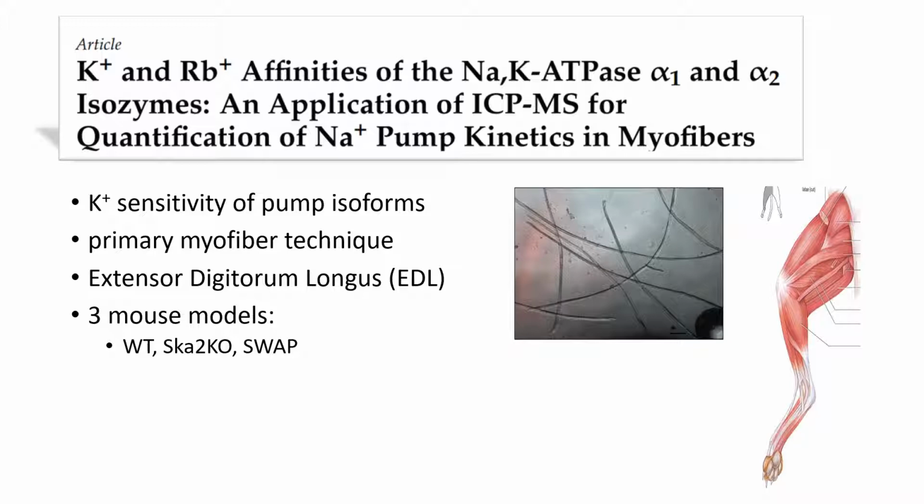Myofibers were obtained from extensor digitorum longus muscle, this part of the mouse foot, from 3 mouse models: wild type, skeletal muscle alpha-2 knockout, and swap mouse.